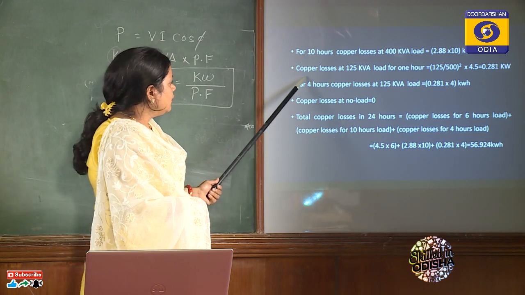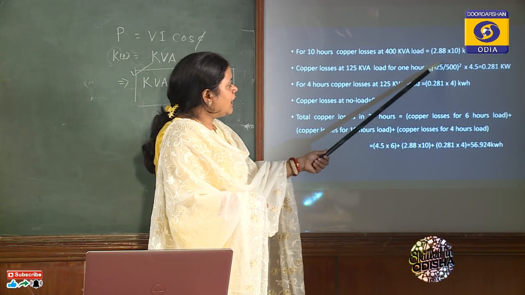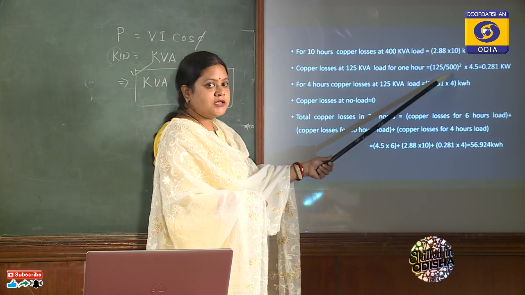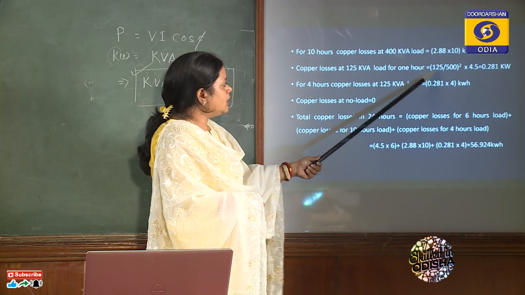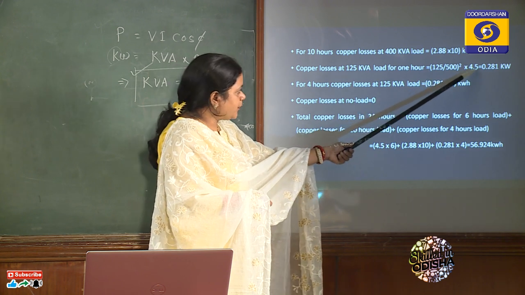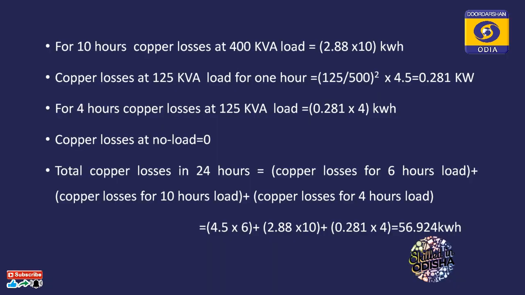Now what is the value for the 125 kVA load? The copper losses at 125 kVA load for 1 hour: similarly, 125 is the asking load and 500 is the given load. So (125 divided by 500) square into 4.5 is equal to 0.281 kilowatt, for 1 hour.